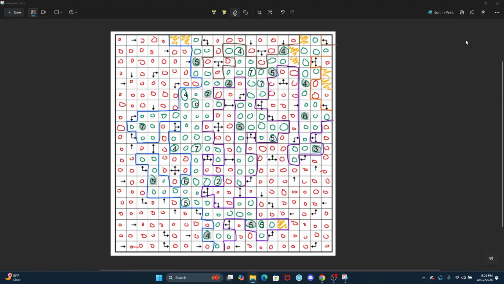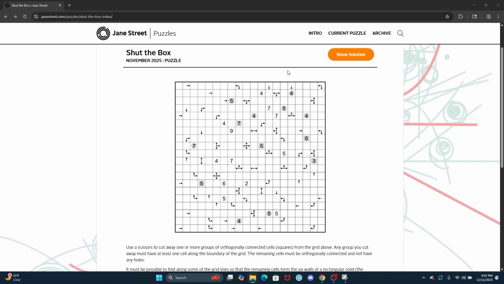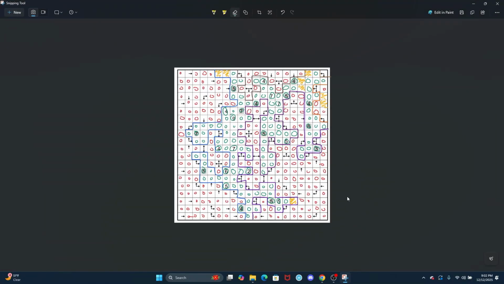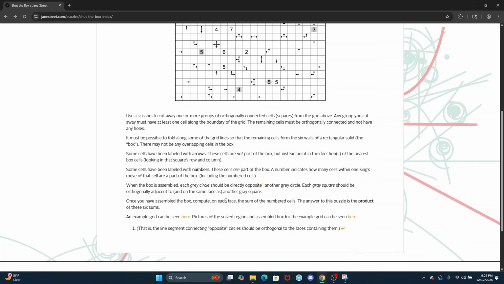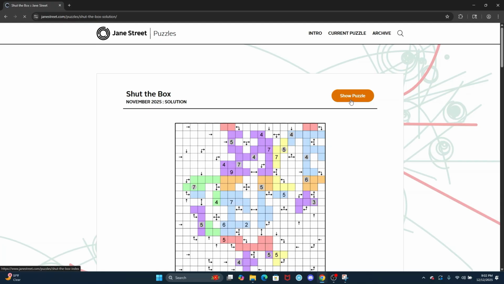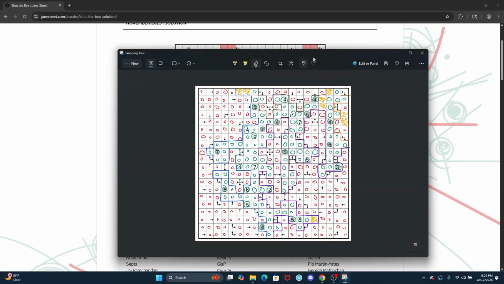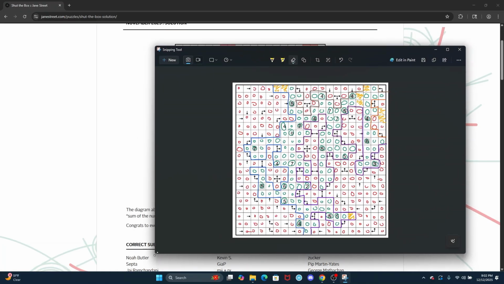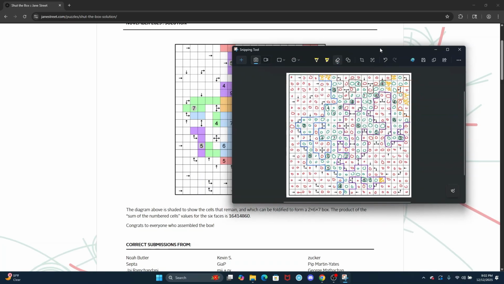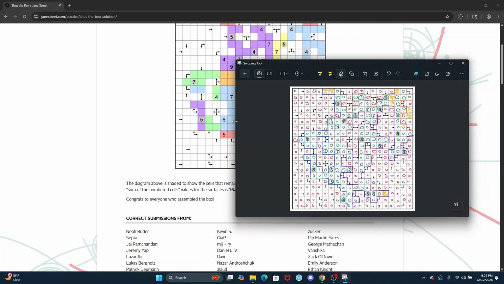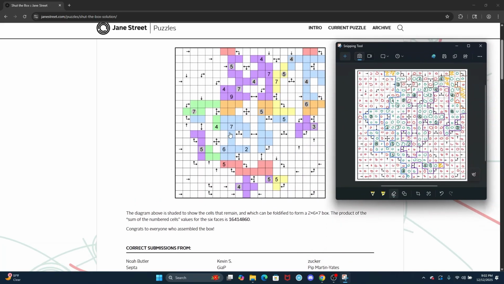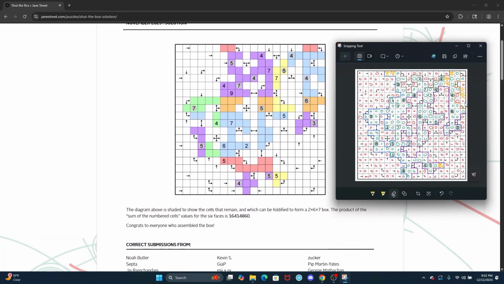And yeah, that's that. So once you cut it out, we can see that our net actually matches their solution. Yeah, they don't explain how they got it. They just give the solution. But you see that?